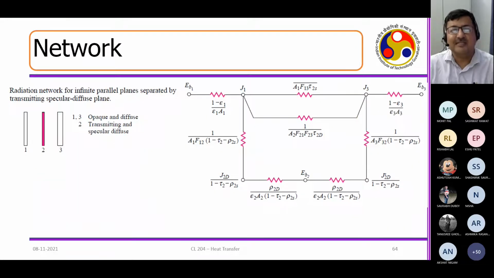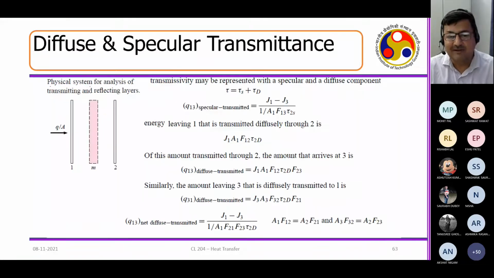So just to summarize the whole thing and give you the gravity of the situation, the most important part to understand in radiative heat transfer is first whether you are able to understand what is the energy that is to be absorbed and emitted, that is epsilon and alpha. Now epsilon and alpha are equal for a black body.